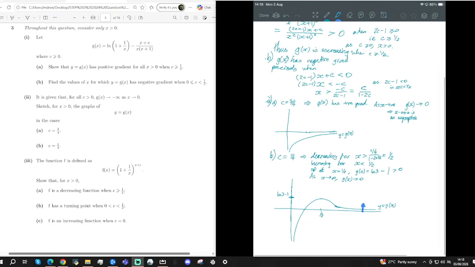So if we can show for really big x values that the g function is positive, we only really need the g function to be positive at any point. If g is positive at any point, well, it started being negative, there are no breaks in positive when x is positive.